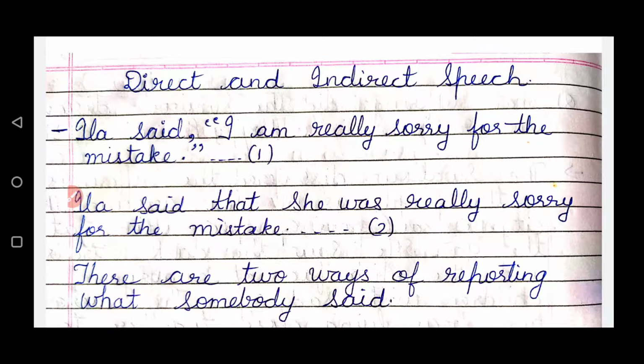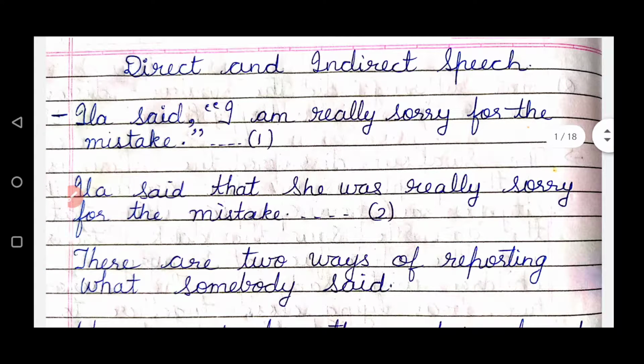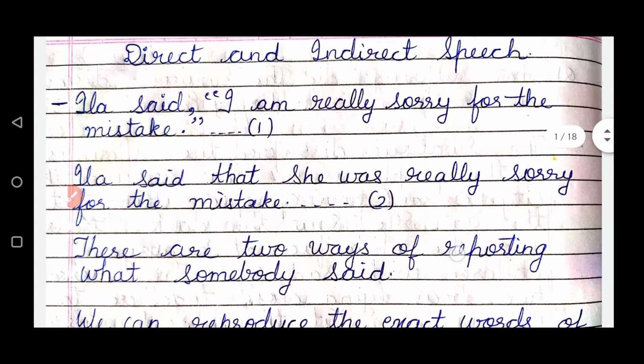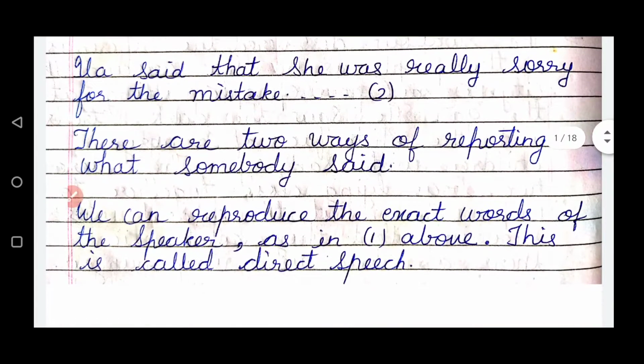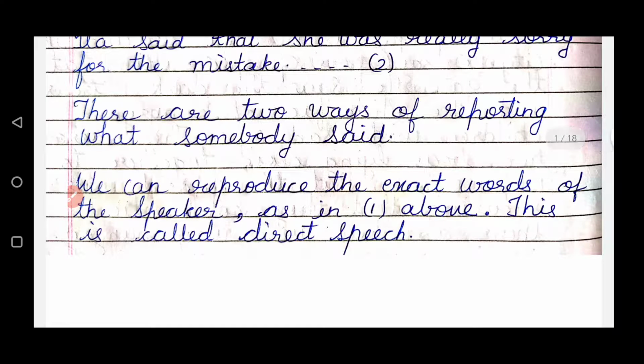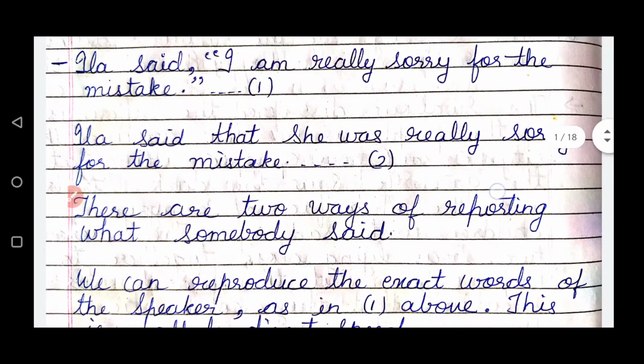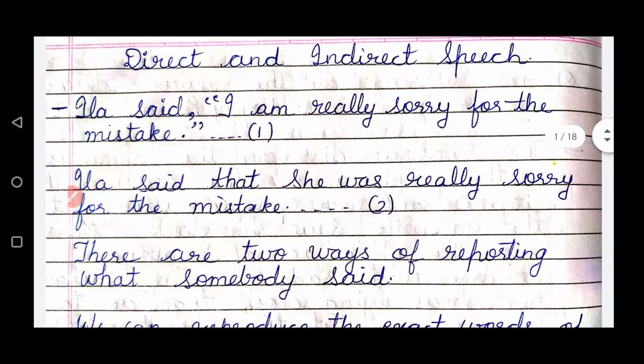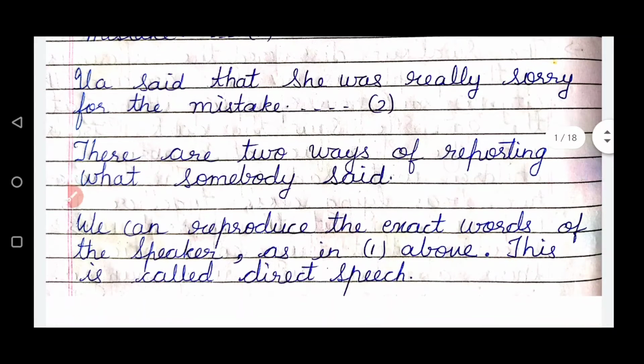Now there are 2 ways of reporting what somebody said, right? The first way we saw is the direct method, that means the actual words of the speaker are reported. In the second method, the reporter speaks the words in his own way. That is, we can reproduce the exact words of the speaker, "I am really sorry for the mistake."